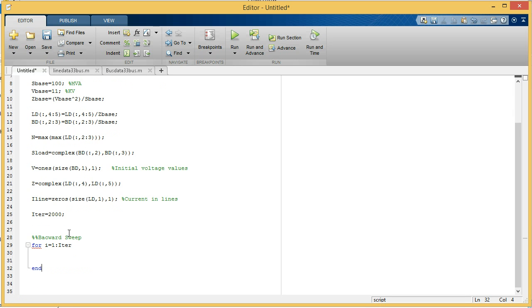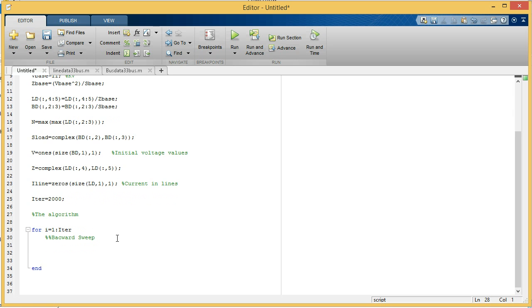And actually I needed to write this inside for, because this is our main for. Okay, the backward sweep.